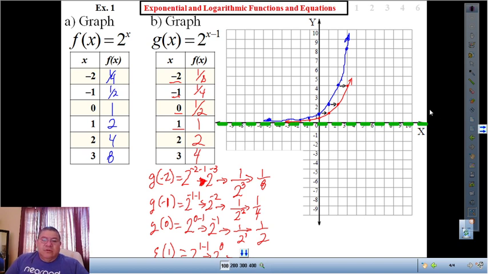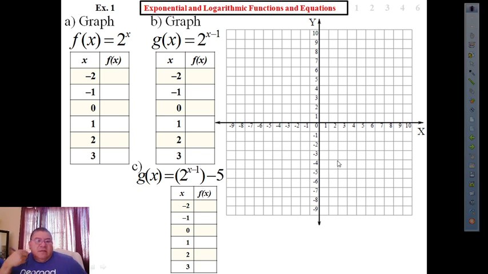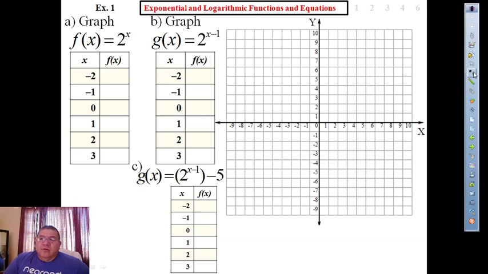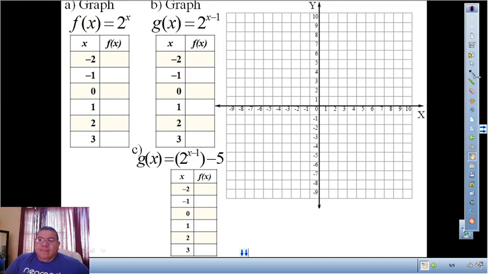So look at this last one. Part C, g of x equals parentheses 2 to the x minus 1 power, close parentheses, minus 5. Before I move on, let's see. What were the values here?